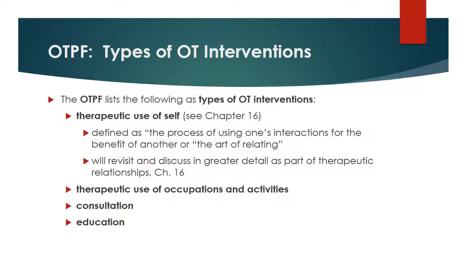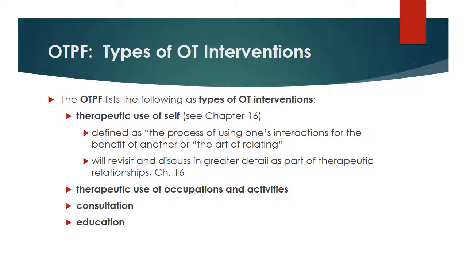Another type of intervention in OT is therapeutic use of occupations and activities. So that's pretty self-explanatory, using occupations and activities as a therapeutic method to improve performance. And then there's consultation, which includes the OT consulting, not necessarily providing a direct service, but providing recommendations without actually providing actual treatment, or again, a direct service for the client.